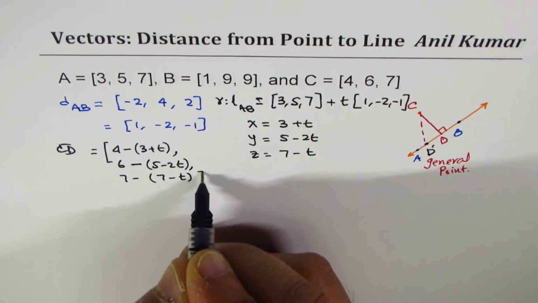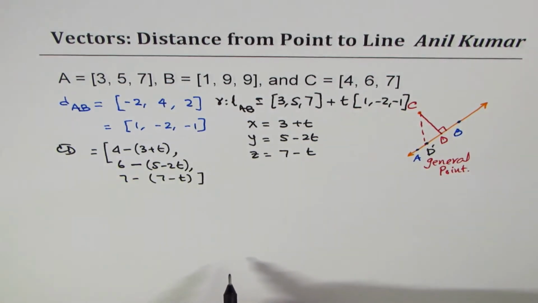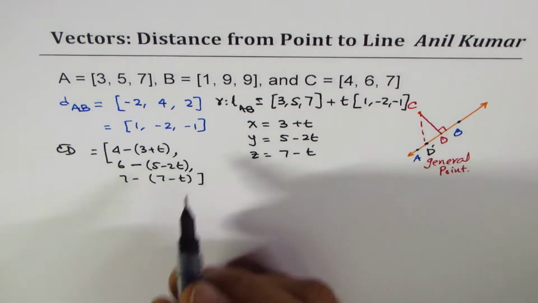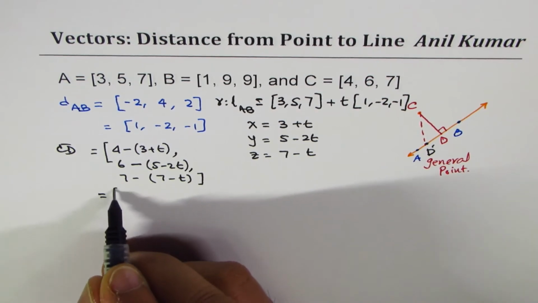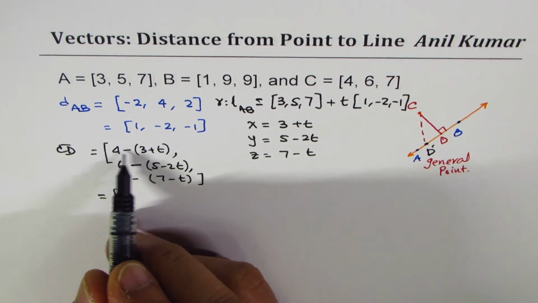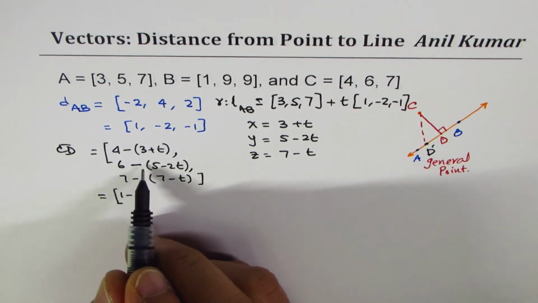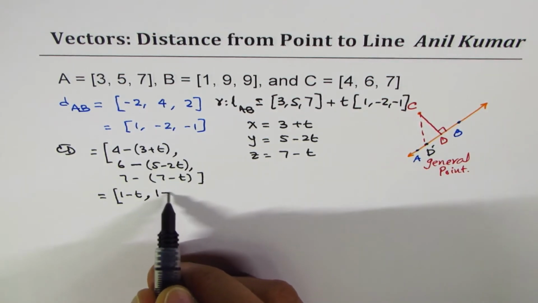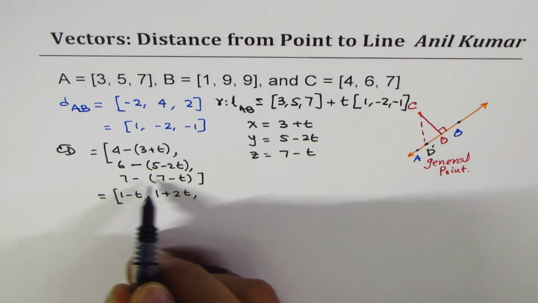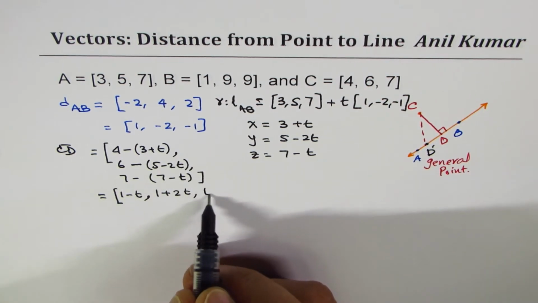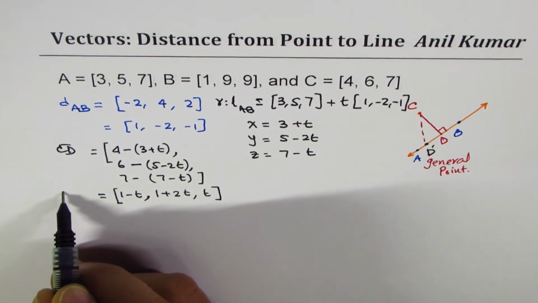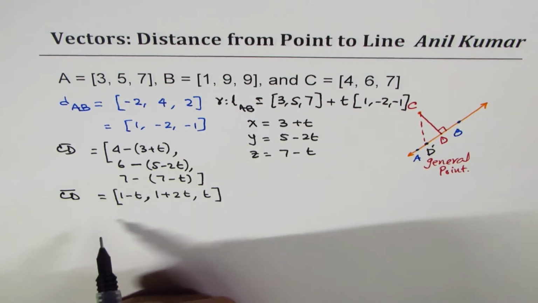Is it okay? So that becomes CD dash, which you could simplify and write as 4 minus 3 means 1 minus t, 6 minus 5 means 1 plus 2t, 7 minus 7 is 0, you're left with t. So that becomes CD dash.